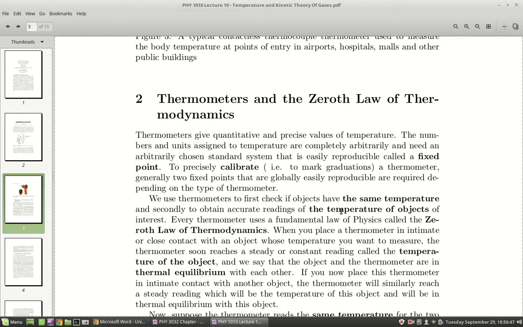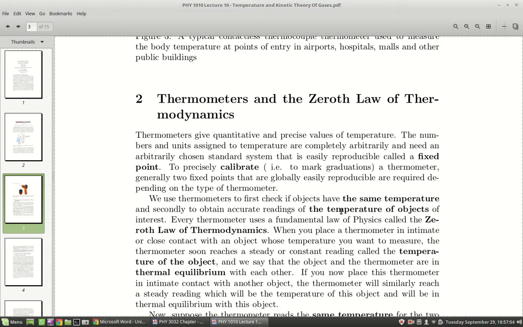And that is going to require numbers. When your thermometer measures the temperature of a particular object, there has to be a way for the thermometer to translate whatever it is measuring into a number.